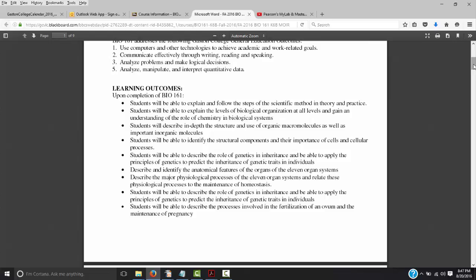You'll be able to explain and follow the steps of the scientific method in theory and in practice, explain the levels of biological organization, understand the role of chemistry in biological systems, understand the structural components of cells and their processes, and there's a long list of things that you'll be able to do once we get through this course.